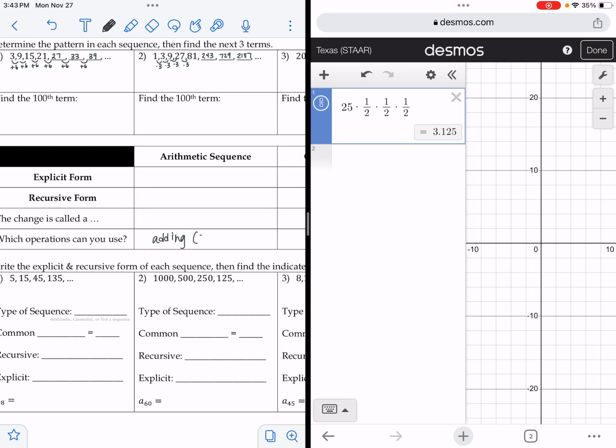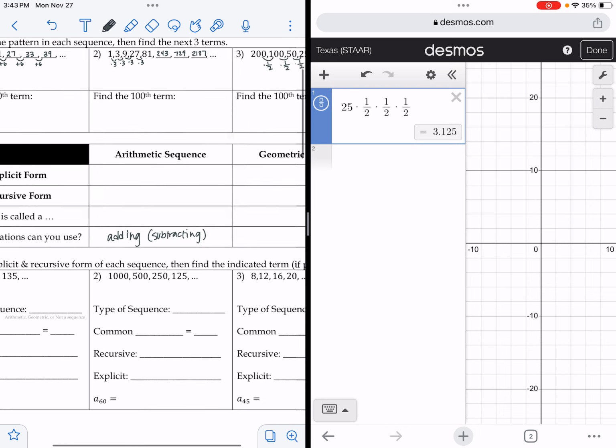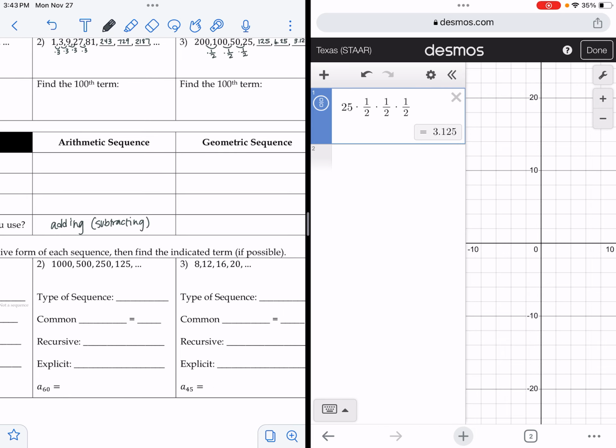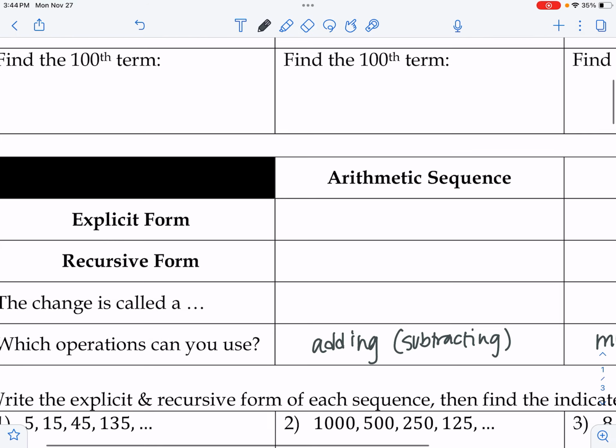And in parentheses, I'm going to write subtracting, since that's just adding a negative number. If you are multiplying, it's called geometric. In parentheses, I'm going to put dividing, since that's just multiplication by a fraction.